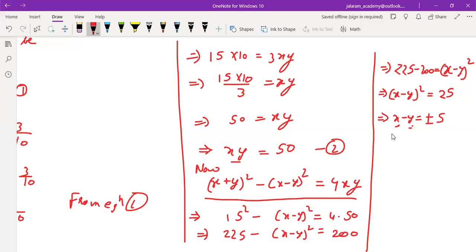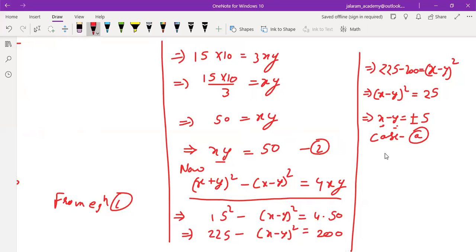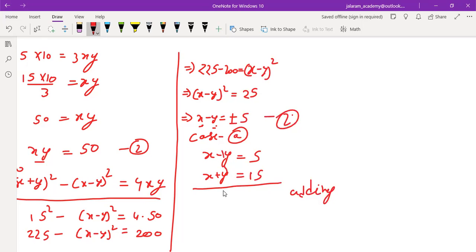For this, first we take case number, as we have already used 1 and 2, so case A. When x minus y equals 5, and x plus y we have already written, it is equal to 15, and add them. Adding both the equations, y is cancelled out, x plus x, 2x equals 20, means x equals 20 by 2, 10.